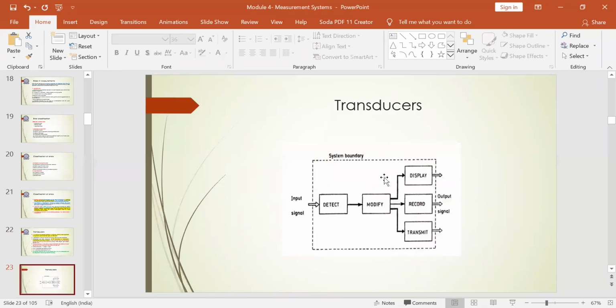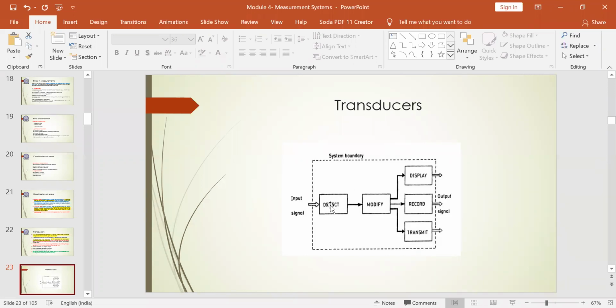So before going into the classification and the concept of transducers, this is a basic block diagram of how a transducer works. I told you it will have an input signal, and finally it provides an output signal. In between there will be three stages of transducers: stage 1, stage 2 and stage 3.